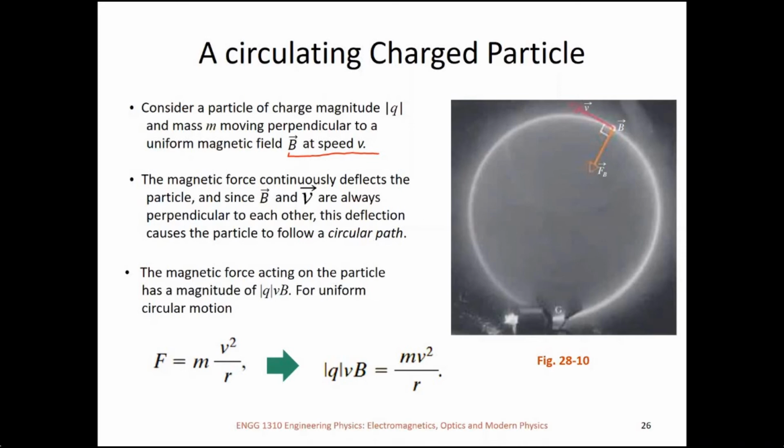This force continuously deflects the particle, and they are perpendicular to each other, so they will make a circular path, just like in this picture.